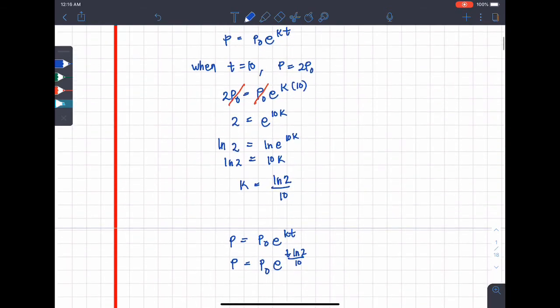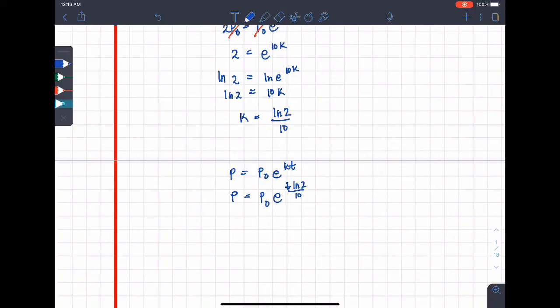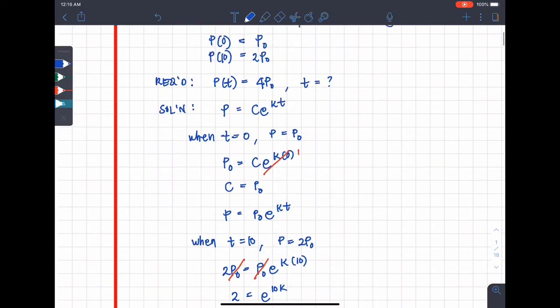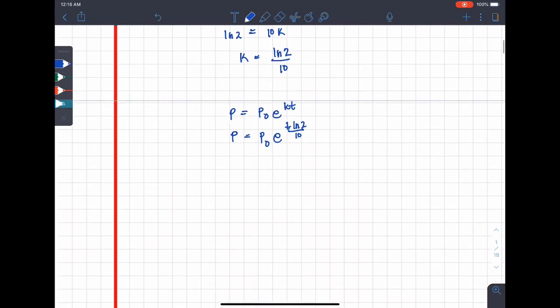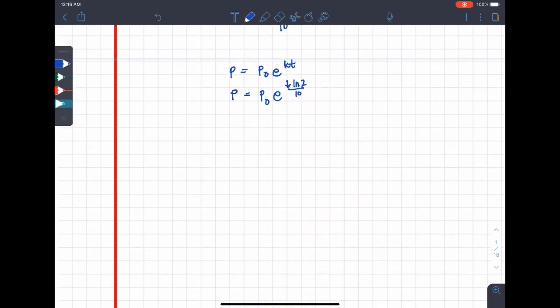And lastly, we were able to develop our final equation. So we are now on the task of determining what is the time when the population is 4 times the initial population.